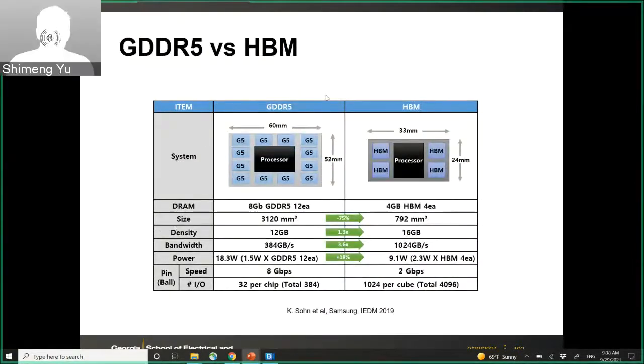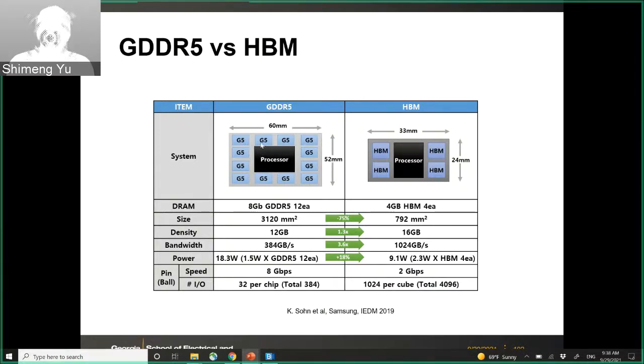Here we can have a comparison for a system design, and this is from Samsung. Imagine there's a processor, probably like your GPU. You can equip the GPU with either GDDR5 DRAM or the HBM, and those will be on the same interposer.